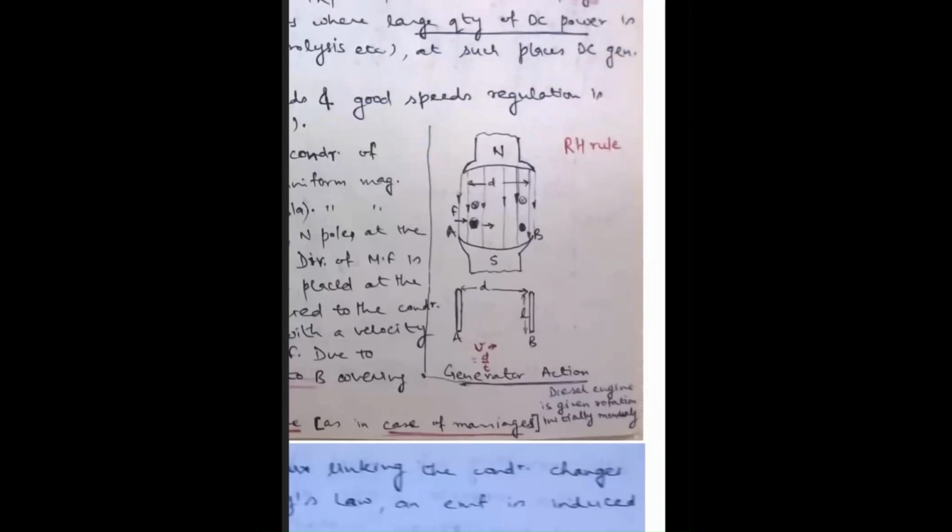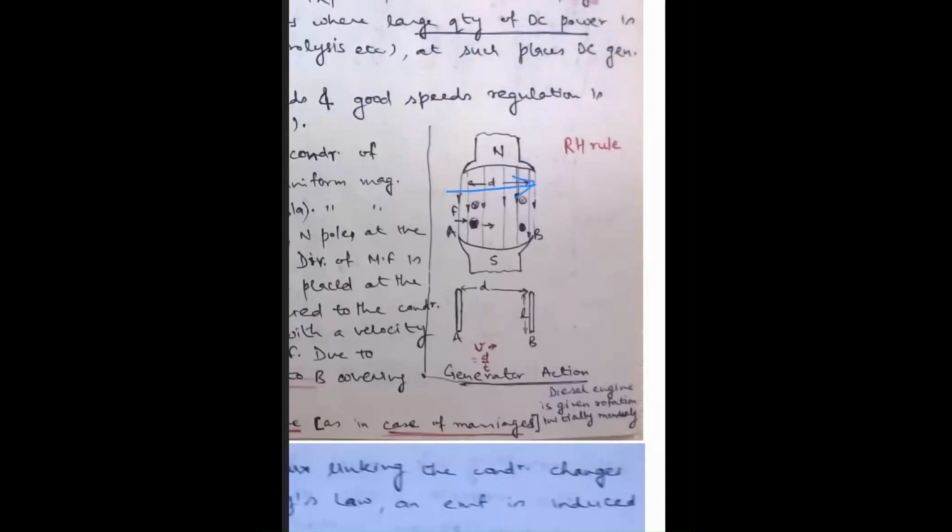Now let us suppose that this speed is imparted, and the force which is responsible for this is F, and it acts from LHS to RHS as shown.